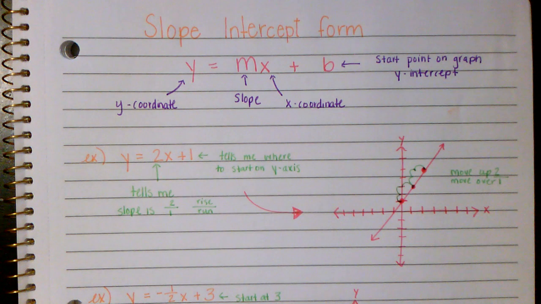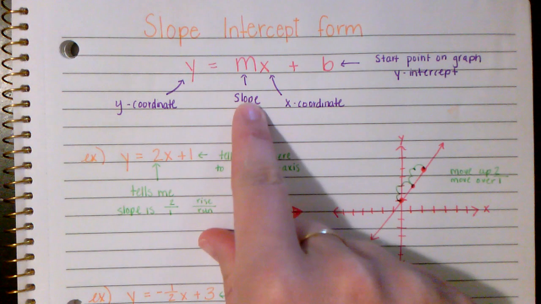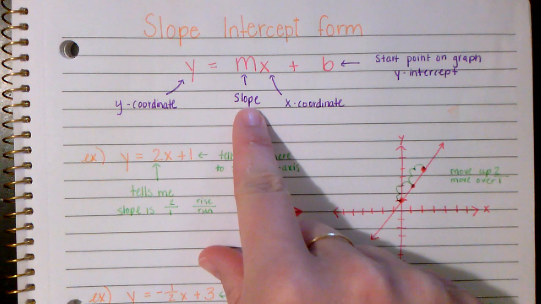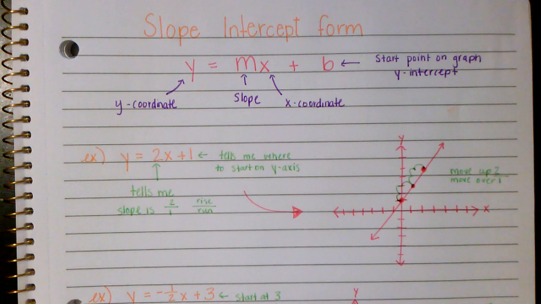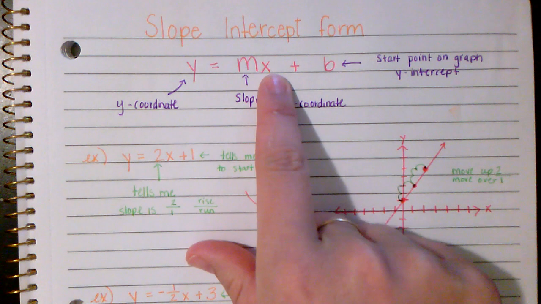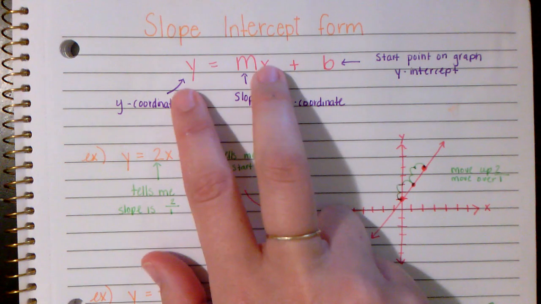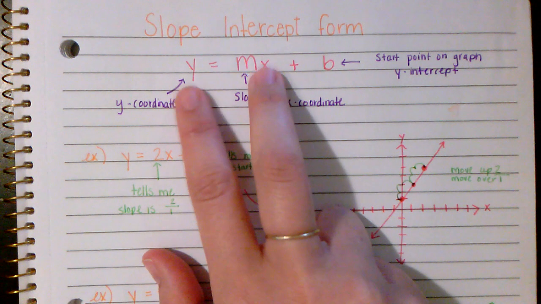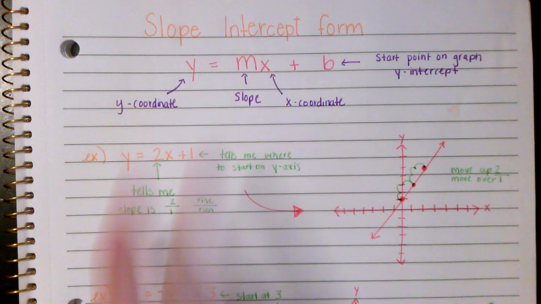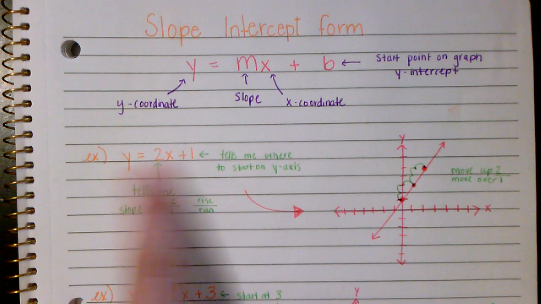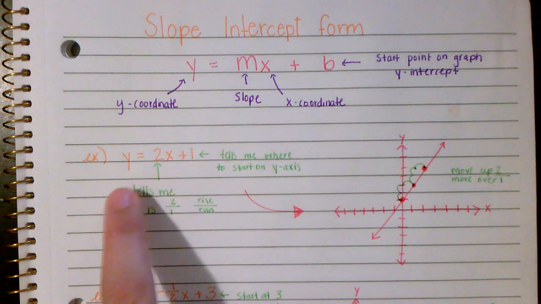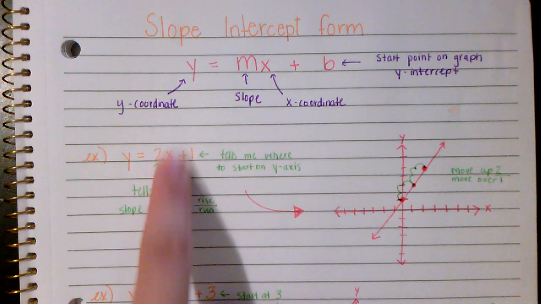So in a linear function, the m is your slope, and you saw that yesterday when we were solving for slope. M was slope. It's always going to be right next to your x. In your formula, these will always be x and y. So when you're writing your functions or you see a function, there's not going to be a number here and a number here.